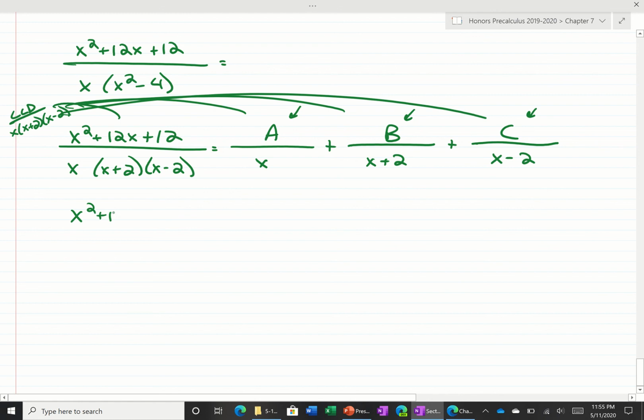We get x squared plus 12x plus 12 is equal to A times x plus 2, x minus 2, plus B times x minus 2, and then plus C times x plus 2.